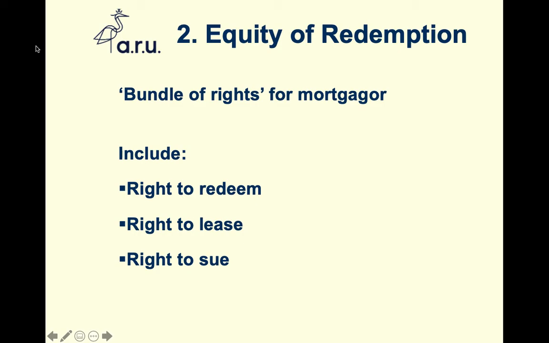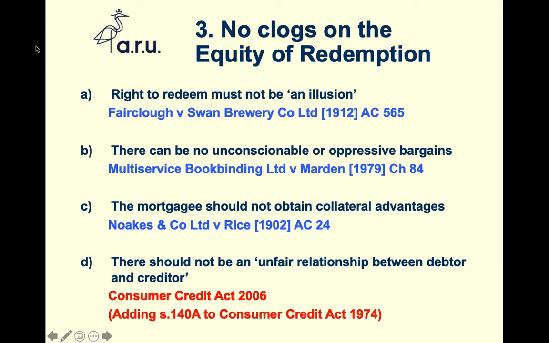So equity of redemption and the right to redeem are very closely mirrored. It's a bundle of equitable rights for the borrower that allow them to behave in this way. Understanding then that the bank have to behave in a way that doesn't prevent that from happening.